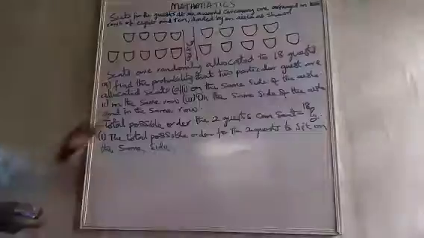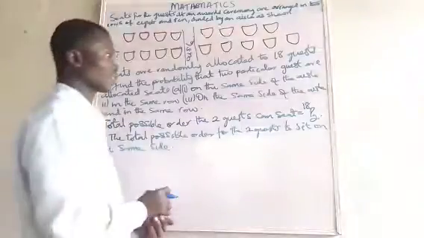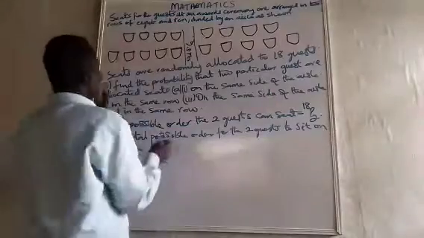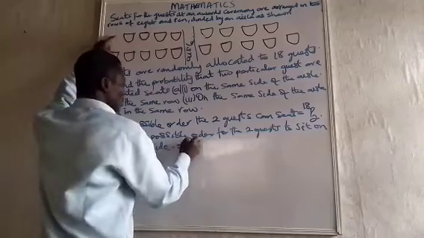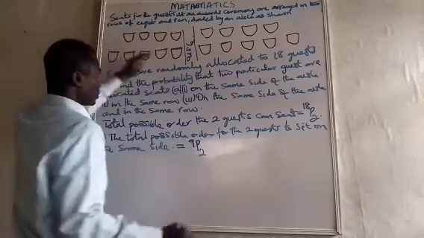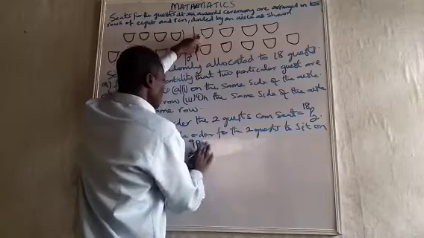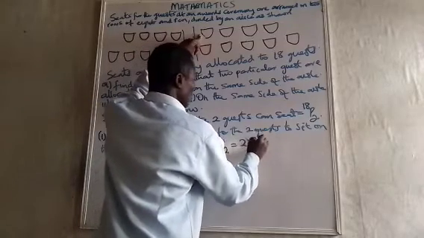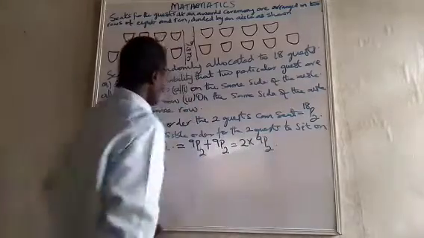Since they are going to fill all the chairs, we don't need to disturb ourselves about selecting. So for this side, it will be equal to 9 permutation 2. And on this side, it's going to be 9 permutation 2, which is 2 times 9 permutation 2.